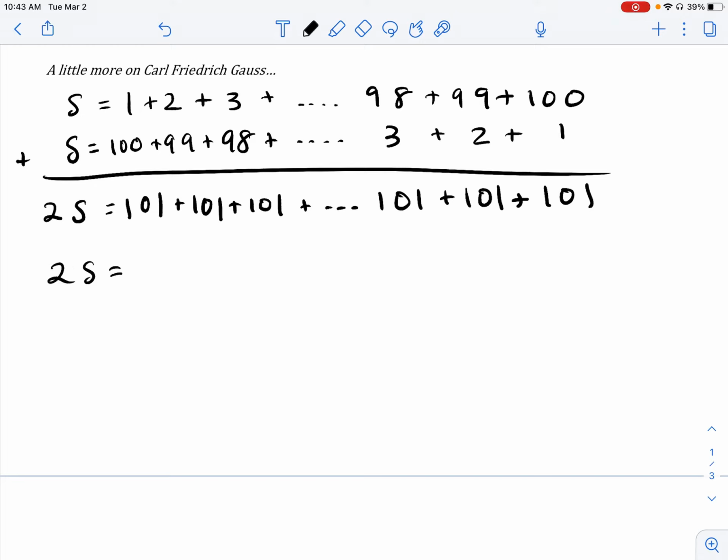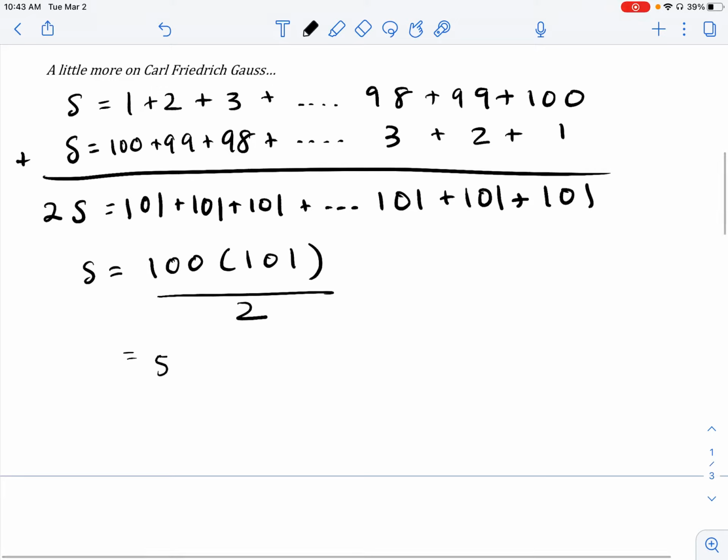There were 100 terms in this series, so there are 100 instances of 101. And so then if I just divide everything here by 2, what am I left with? I can quickly say 100 divided by 2 is 50 times 101, which is just 5050.